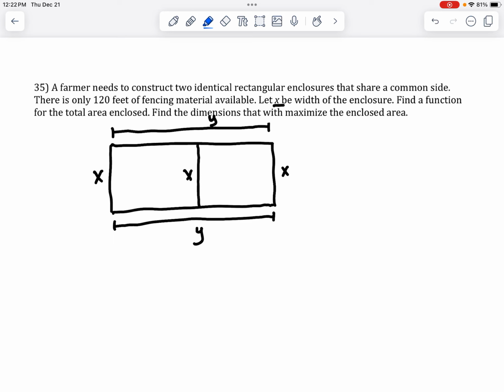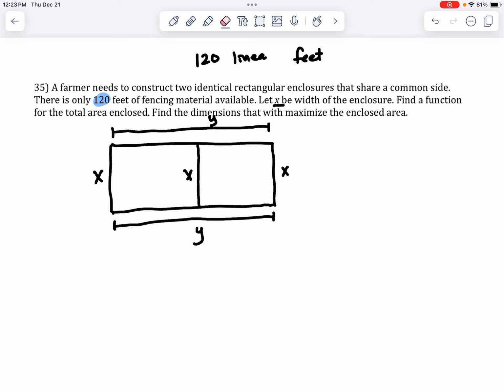And then the next thing is, it says there's 120 feet of fencing total. So that's also sometimes called 120 linear feet of fencing, which means we don't know how tall the fence is, but if you roll out that material, it's going to measure a length of 120 feet.